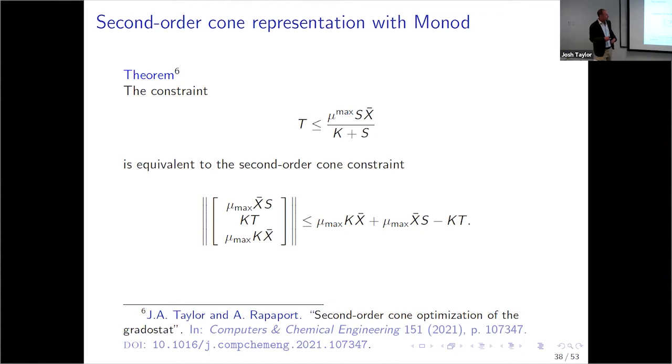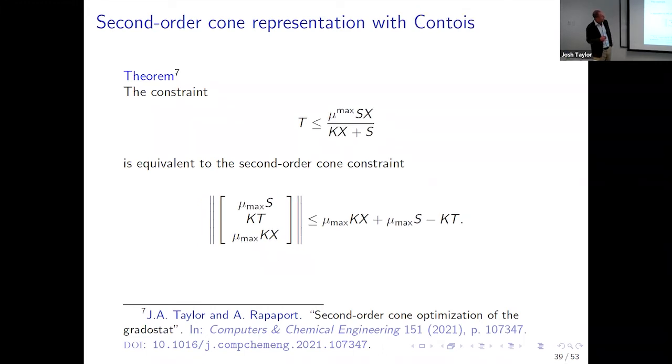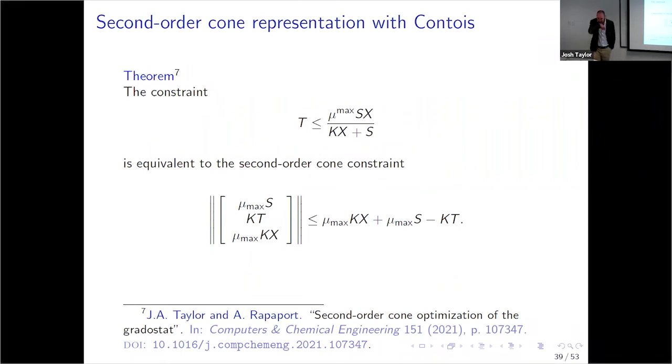It doesn't look very natural that way, but I would say this is basically a new addition to that list. That's really just another thing that has to be eyeballed. This is our second theoretical result. And similarly, in the case of Contois, we can rearrange this as this second order cone constraint.